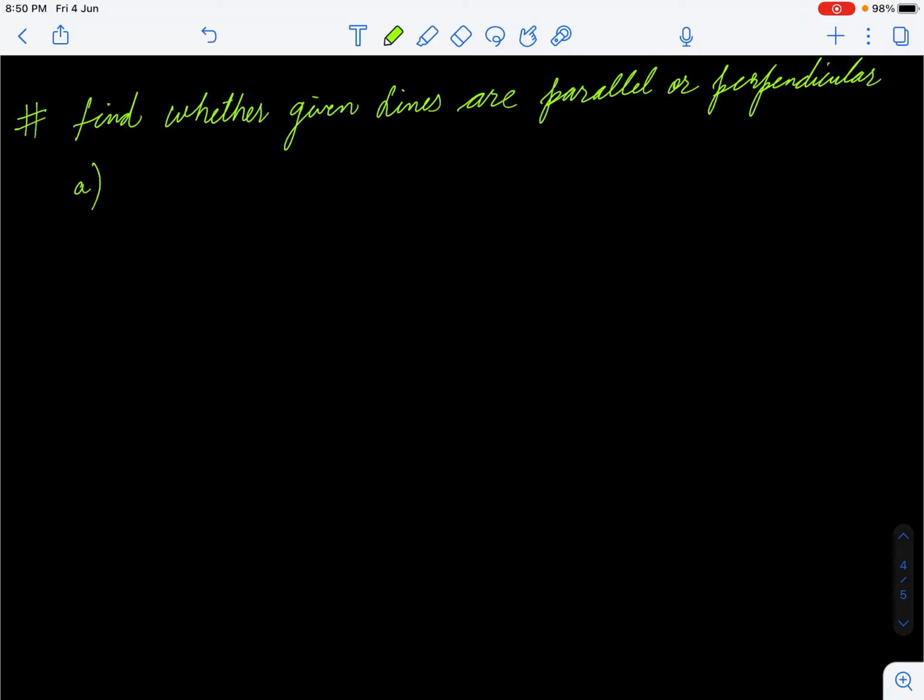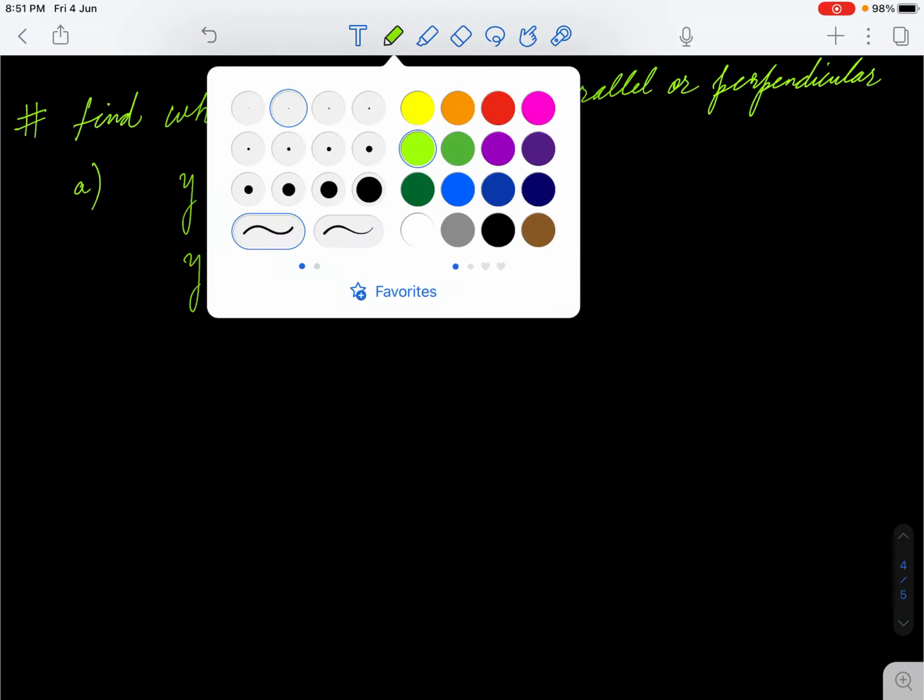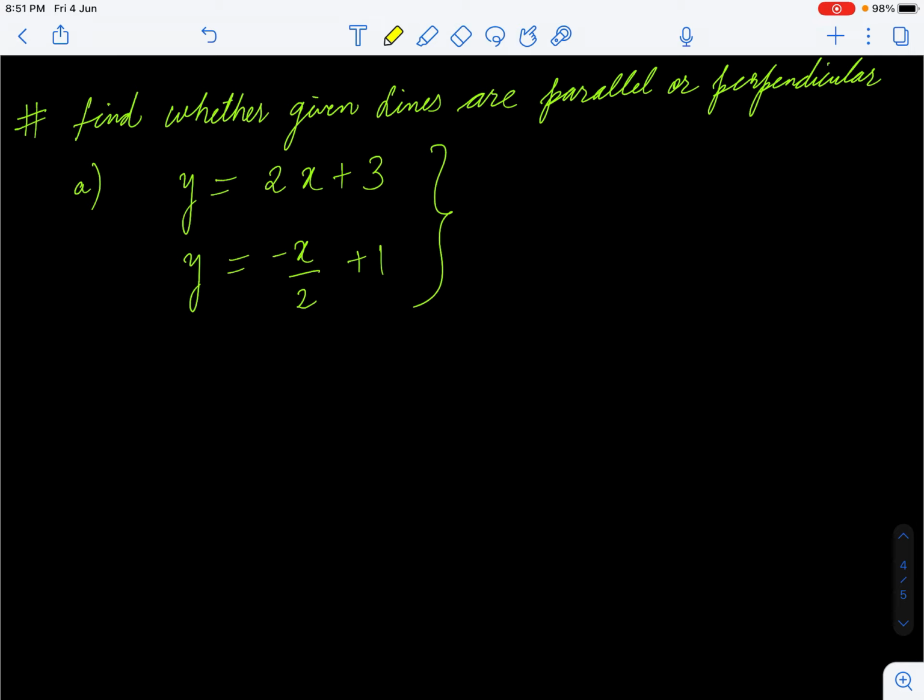So let's take one example in this. Let's say we have something like 2x plus 3, and my second line is minus x by 2 plus 1. So let's say these are my lines. I have to find whether they are parallel or perpendicular.